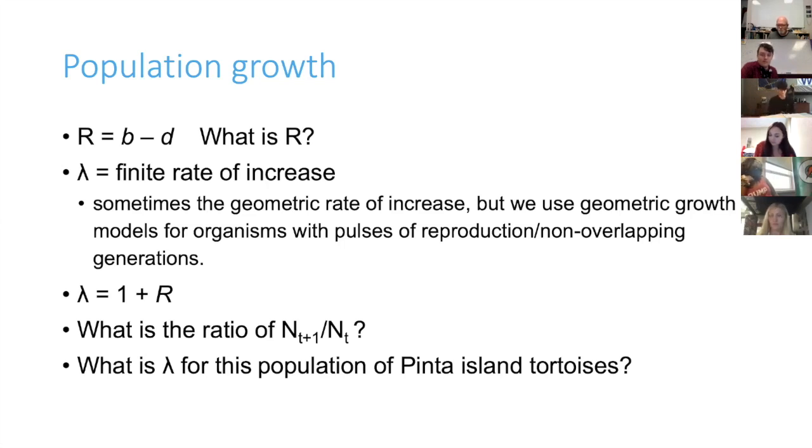It's all interconnected. 1.2. Yep. All right. So it's basically the ratio from one time step to the previous one. That's what this finite rate of increase value is.